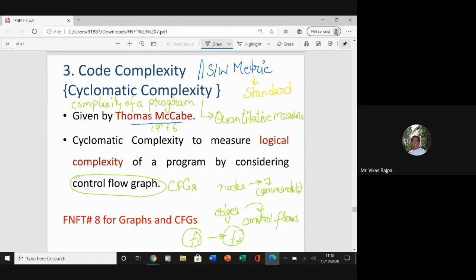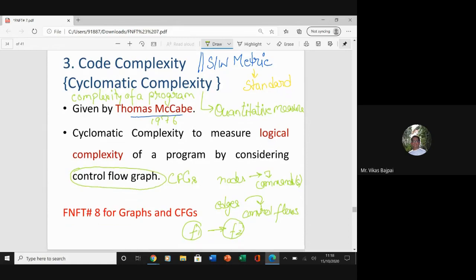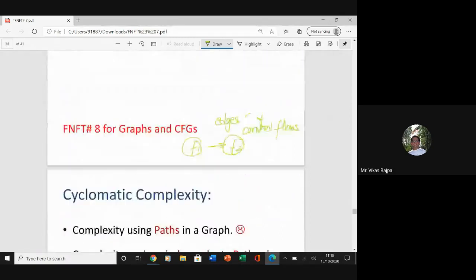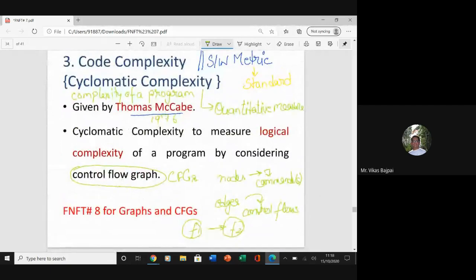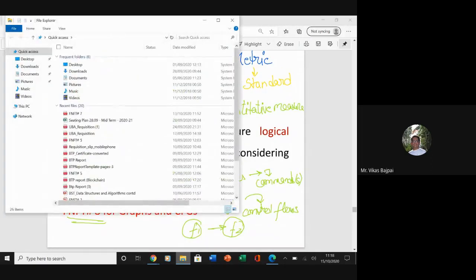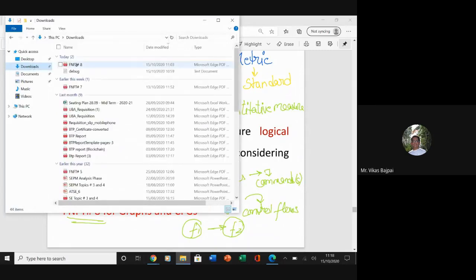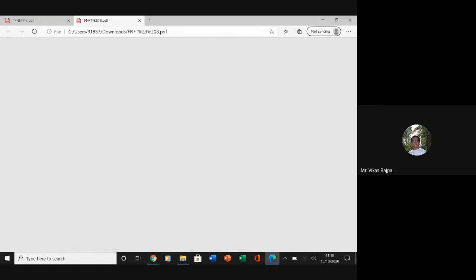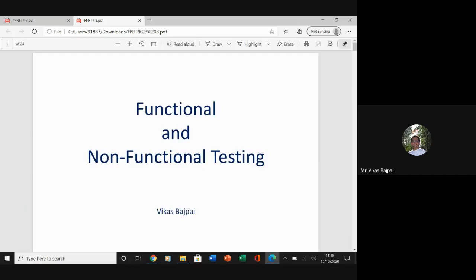Before talking about the details of it, let's look into this part, which talks about graphs.